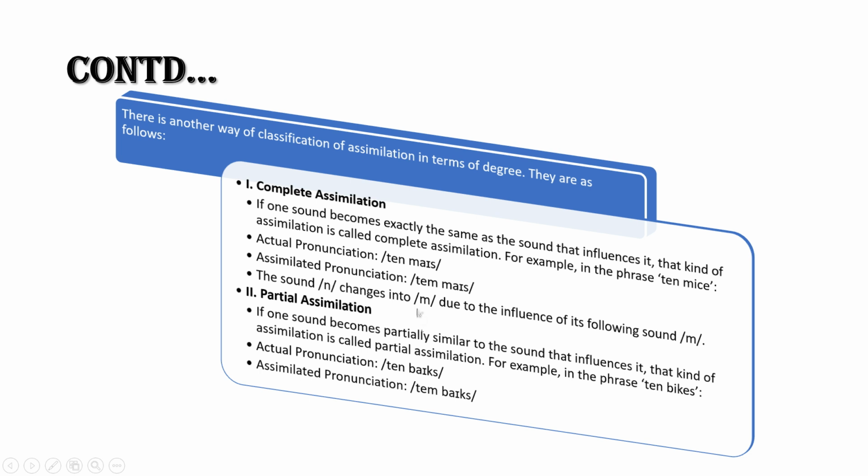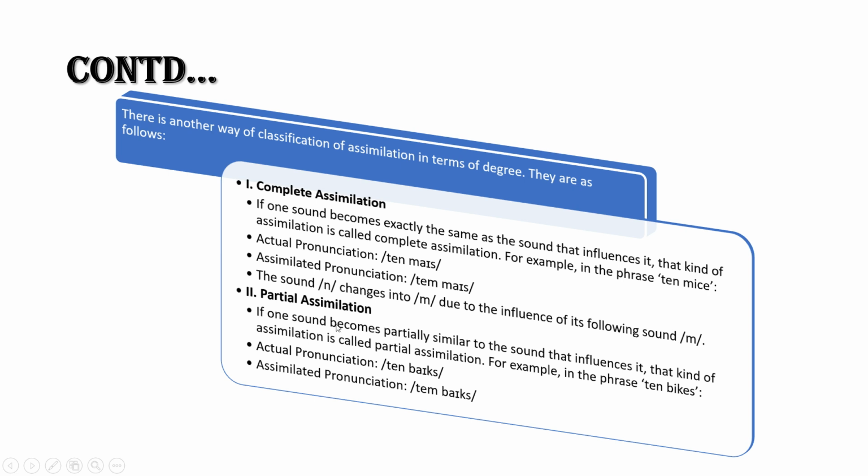So in complete assimilation, no changes into mo, and the other sound influencing is mo. So the sound which has changed is totally similar to the next sound. That's why it is complete assimilation.